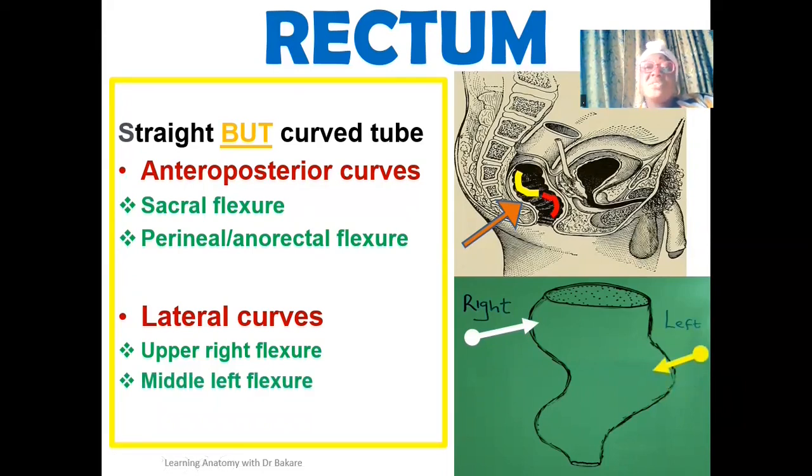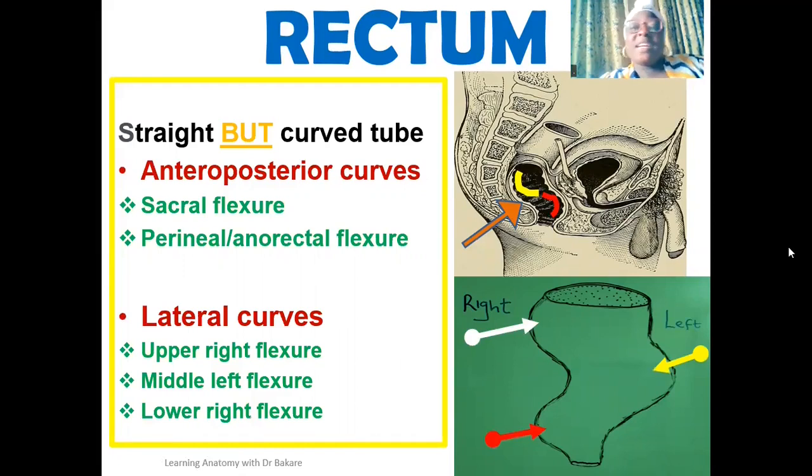And more inferior to that, we have the lower right flexure, and this is the lower right flexure. And these are referred to as the lateral curves. So it is good for us to be able to establish these curves that are created around the wall of the rectum. So now you can see that even if the rectum is projected as a straight tube that is formed after the sigmoid colon, you can see the number of curvatures that we've highlighted using this slide.